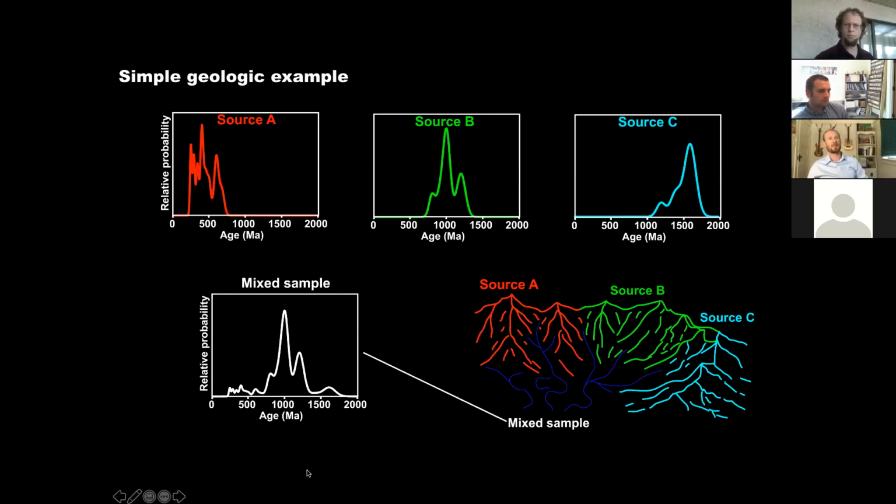We're going to call this our mixed sample. This mixed sample is some combination of sources A, B, and C, right? And the question is, we have some geologic question, but we want to know how much sediment came from A, how much came from B, and how much came from C.